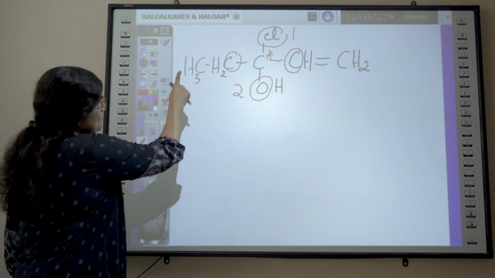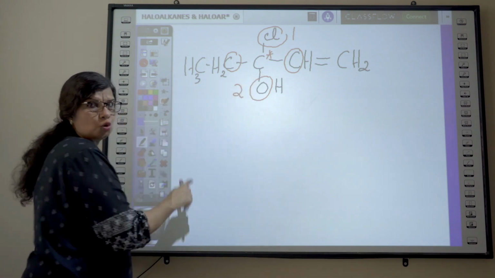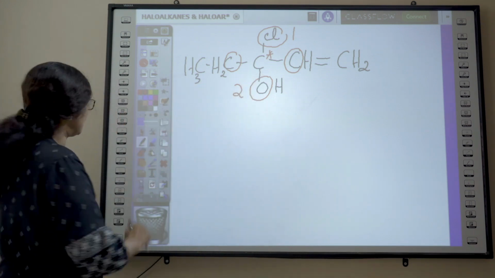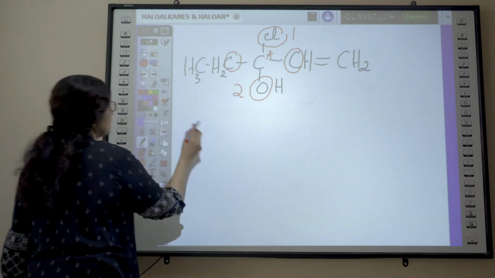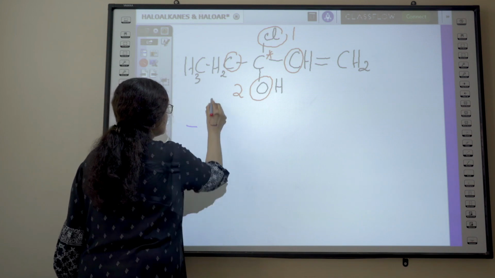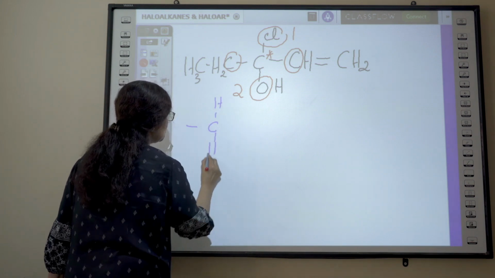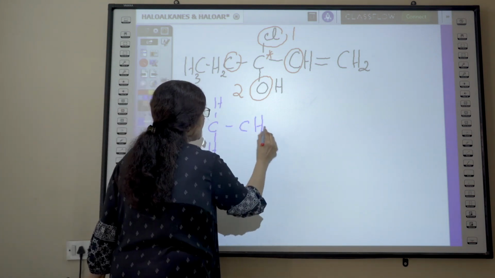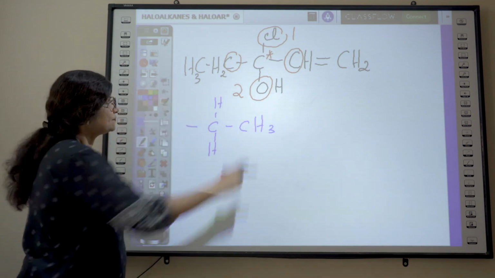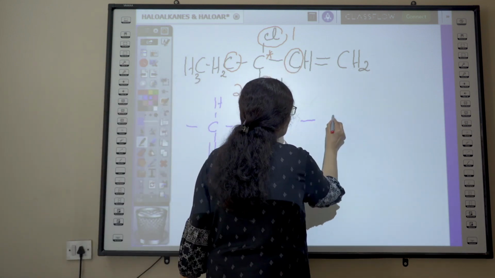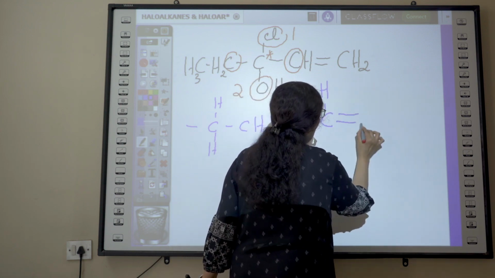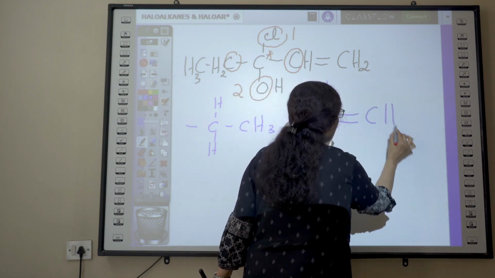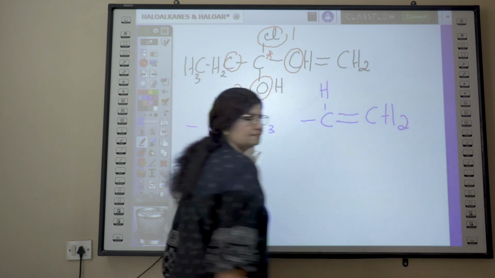Okay? Now to compare the priorities of these 2 groups, let me write them down separately. Alright, so we have the ethyl group, CH2CH3, and then this group, CH double bond CH2.